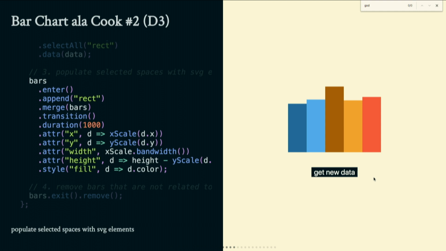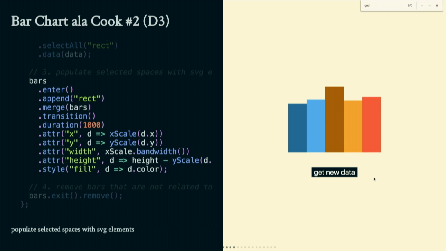And in this step, append rect is doing exactly that. So we're appending the amount of rectangles that we need according to the empty spaces that bars was denoting. And here we see our animation coming in. So this is the D3 key to start an animation, and that's transition. So we include the method transition.